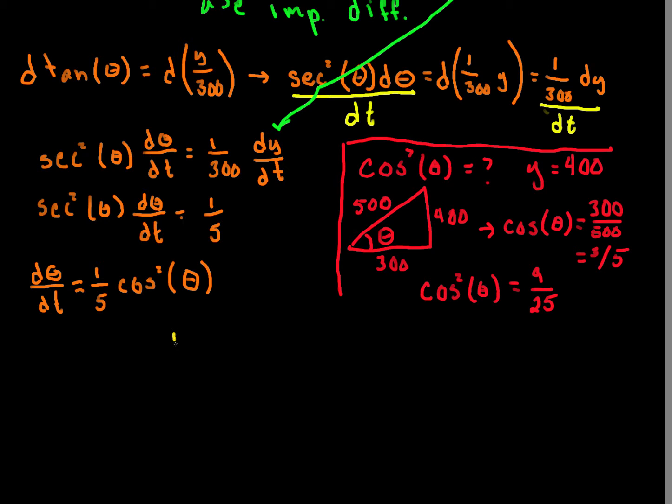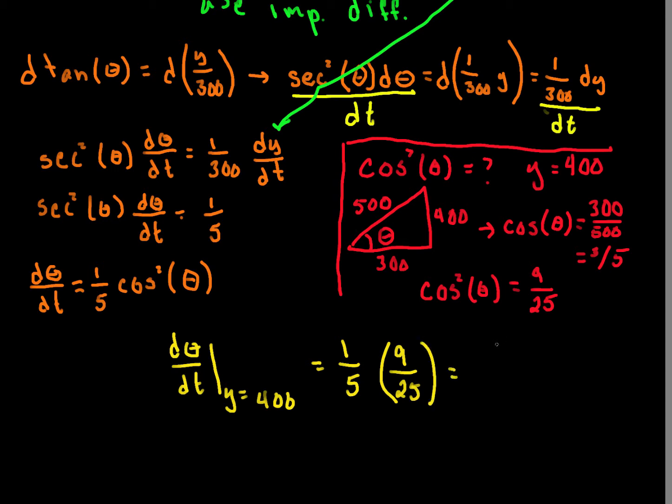So d theta dt when y is equal to 400 is equal to 1/5 times cosine squared theta, but we just found cosine squared theta when y is 400 is equal to 9/25. So this is 1/5 times 9/25, and that's equal to 9/125.